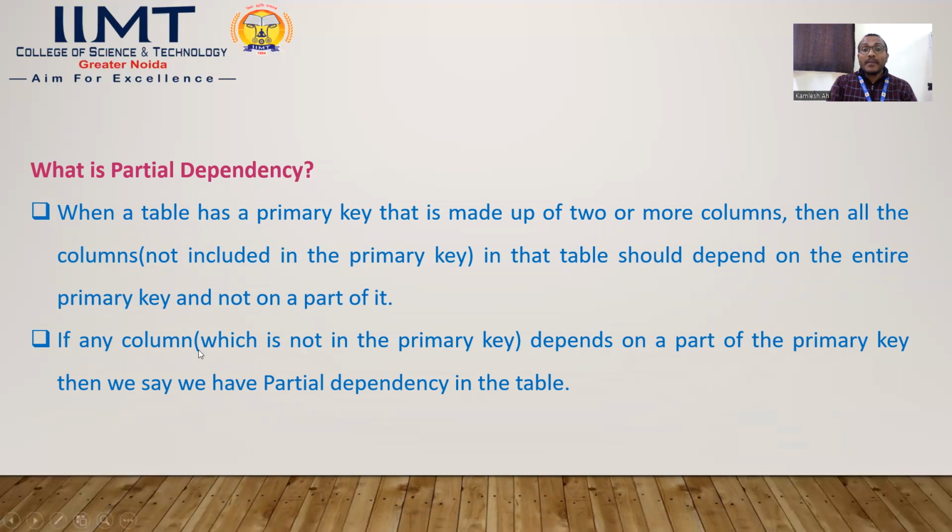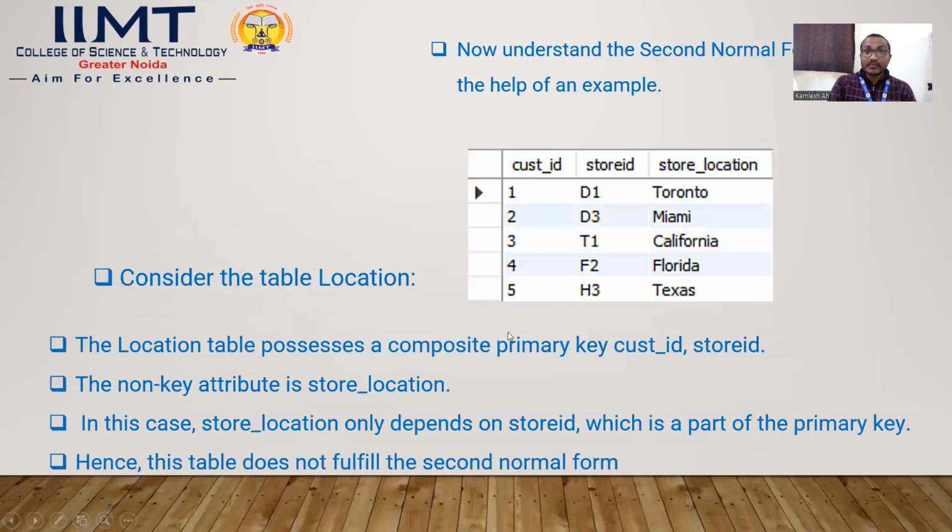When a table has a primary key that is made up of two or more columns, then all columns not included in the primary key in that table should depend on the entire primary key and not on a part of it. If any column which is not in the primary key depends on part of the primary key, then we say we have partial dependency in the table.